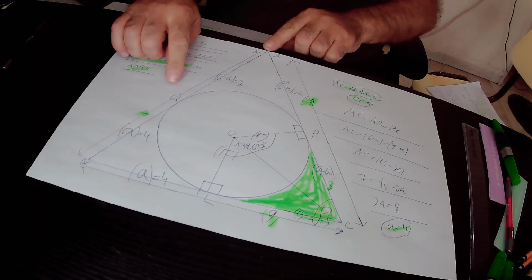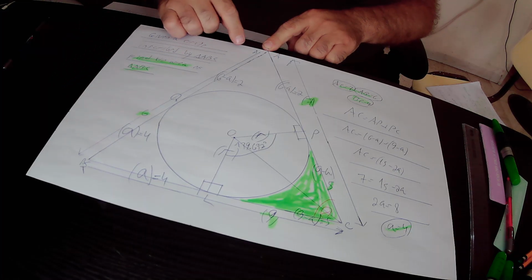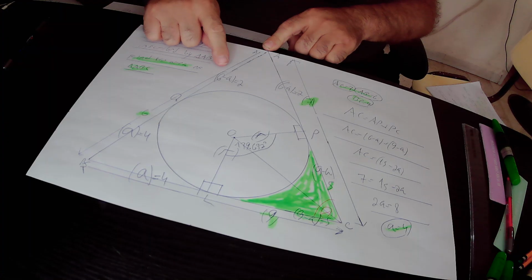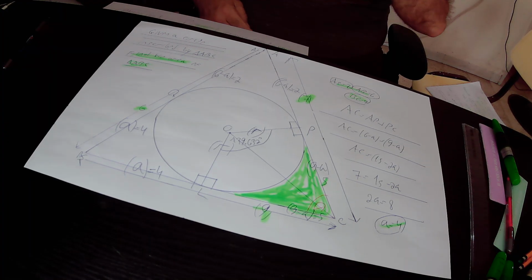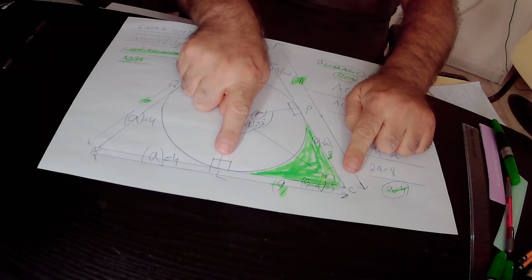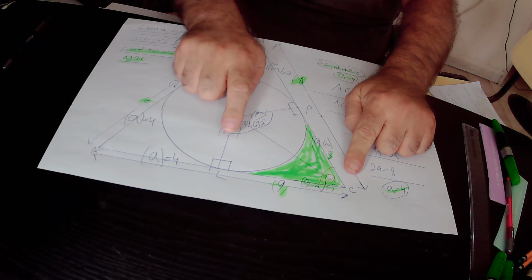So AQ equals AB minus QB, that is 6 minus a. Likewise, LC equals BC minus BL, that is 9 minus a.